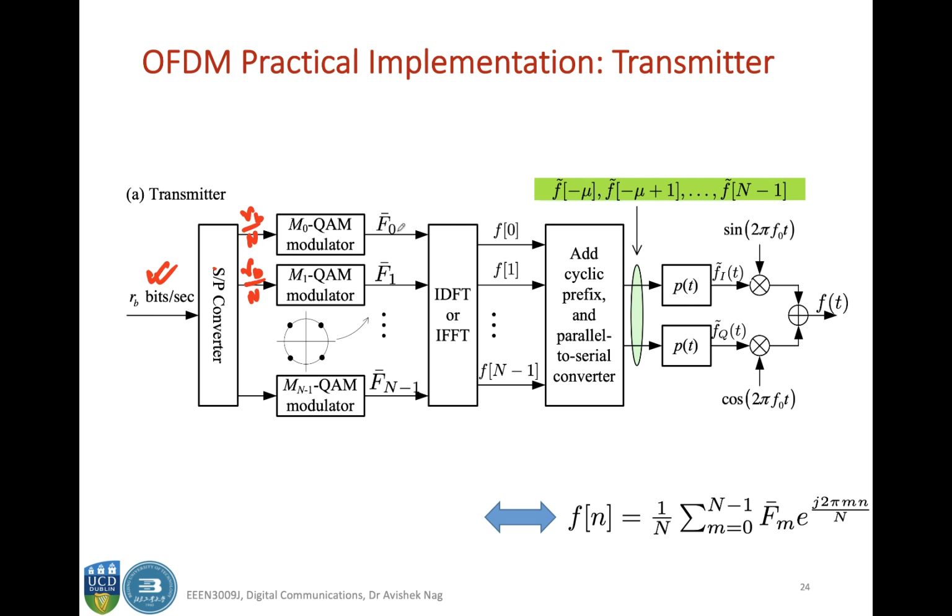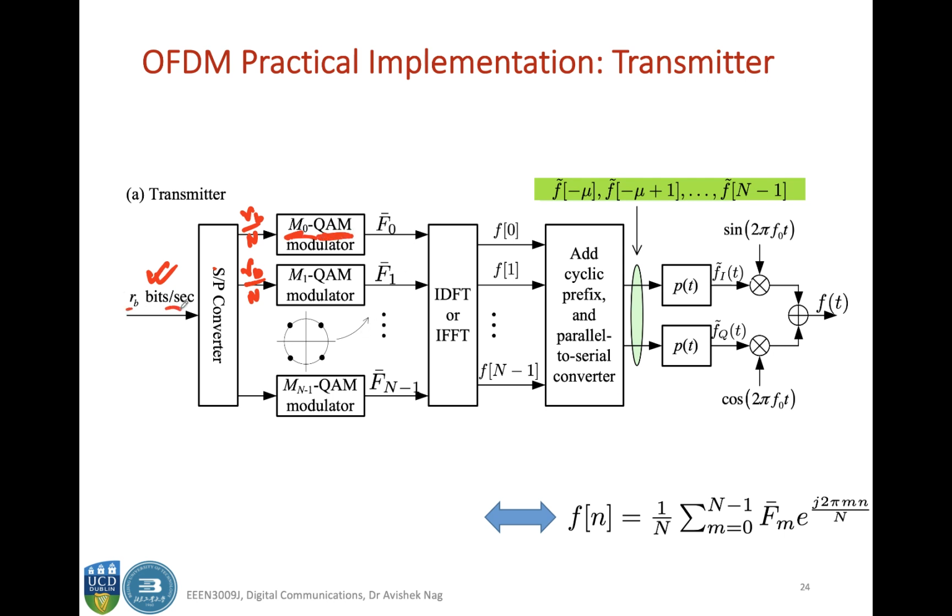So for capital F0 bar, we take it from an M0 QAM modulator, for F1 bar, M1 QAM. All these QAMs can be different. This can be QPSK, this can be something else, and so on. But each time you are picking from a fixed modulator, so for F0 you always have the same constellation.